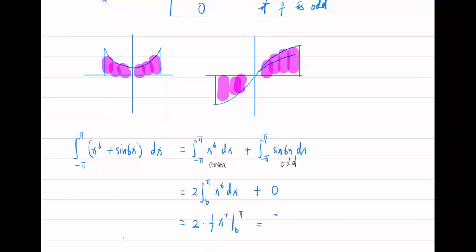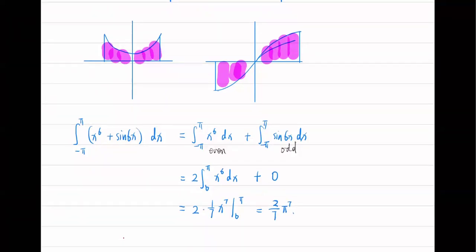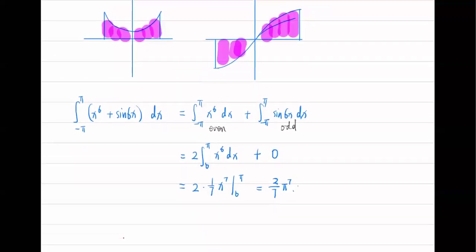Which will be 2/7 over 7. Okay, so that's the integral.